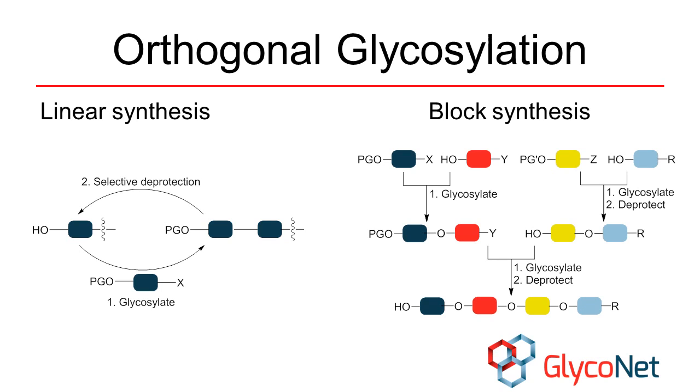As an example, in the diagram on the right, donor X is activated in the presence of donor Y. When planning a synthesis, it is also necessary to ensure that your activation methods won't affect any protecting groups present on any component of the reaction, and that the activation methods don't involve harsh acidic conditions that could cleave glycosidic bonds.